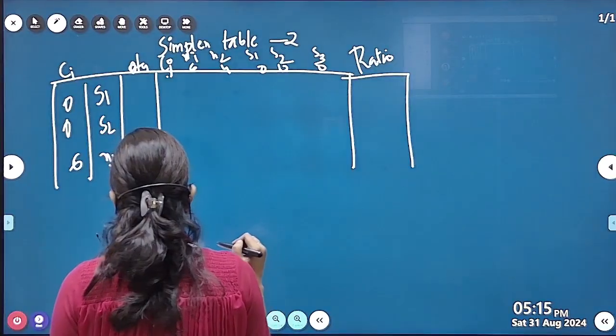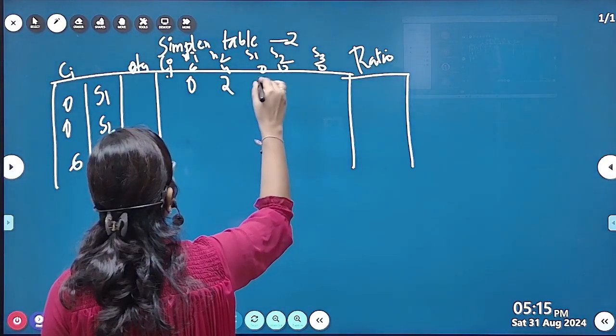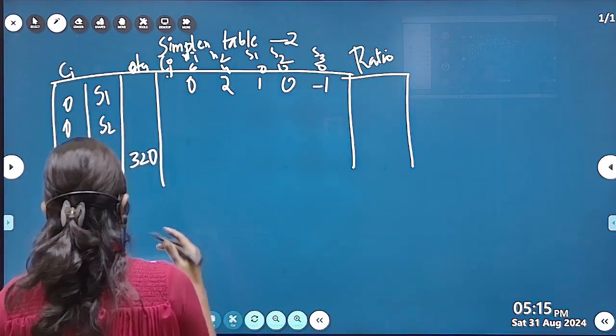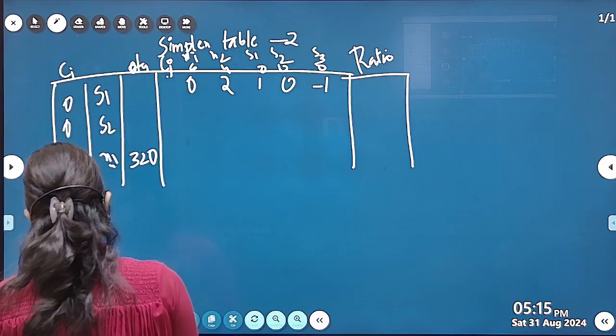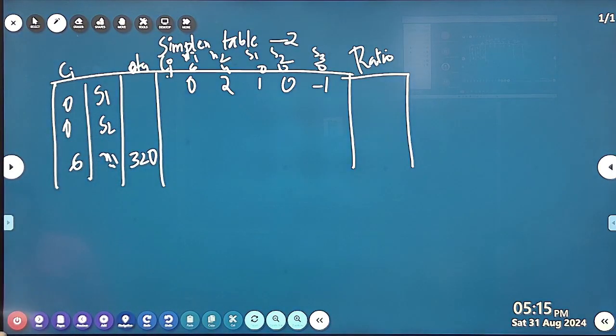I am getting confused. So 0, 2, 1. Okay, I will tell you this question tomorrow. It's a little bit confusing for me; the second table is a little confusing for me. Okay, I will tell you tomorrow.